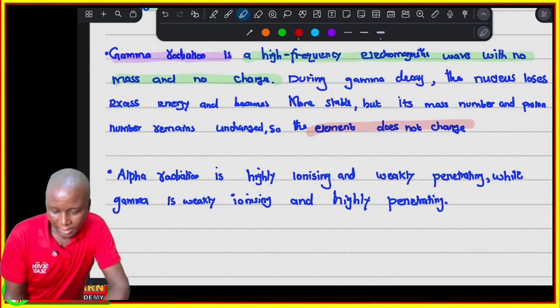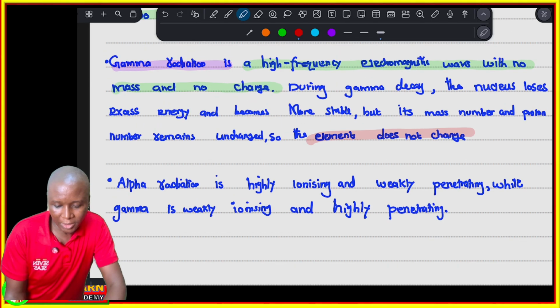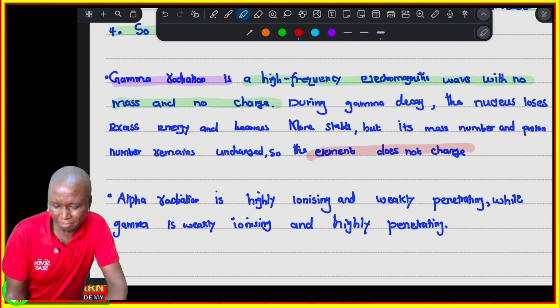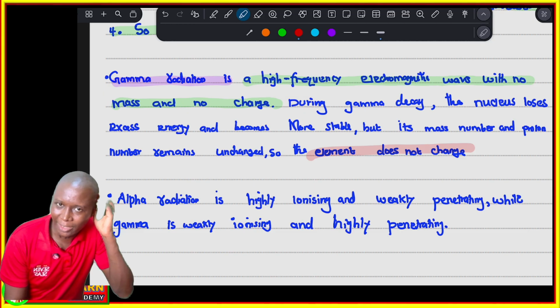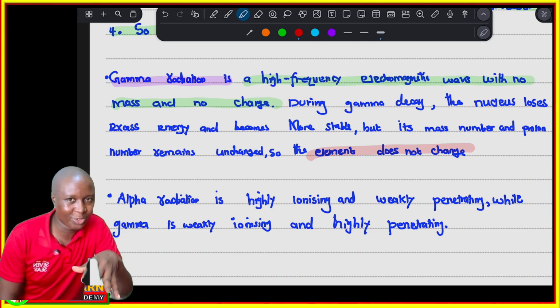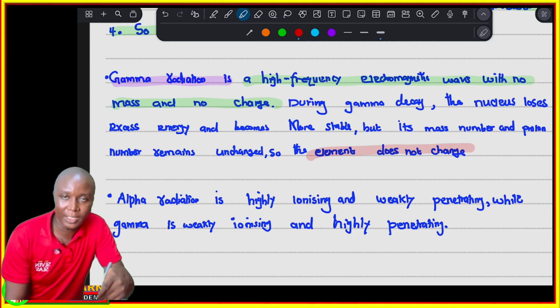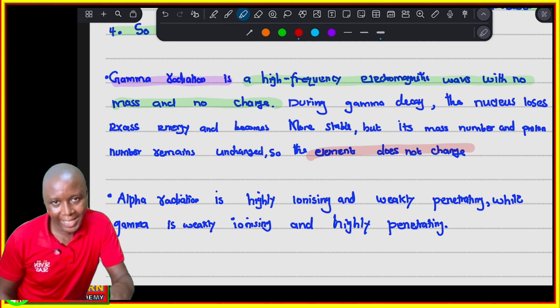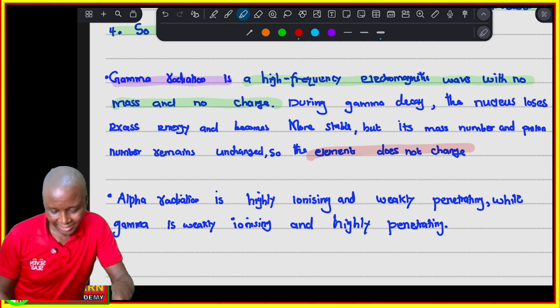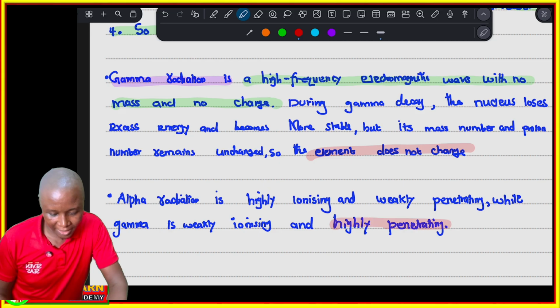And we also need to mention something to do with the penetration and ionization ability of each of these two. We say alpha radiation is highly ionizing and weakly penetrating, while gamma is lowly ionizing but highly penetrating.